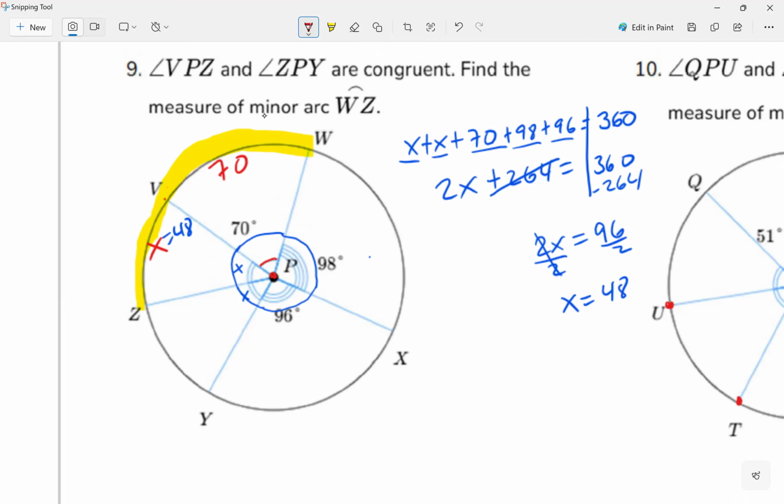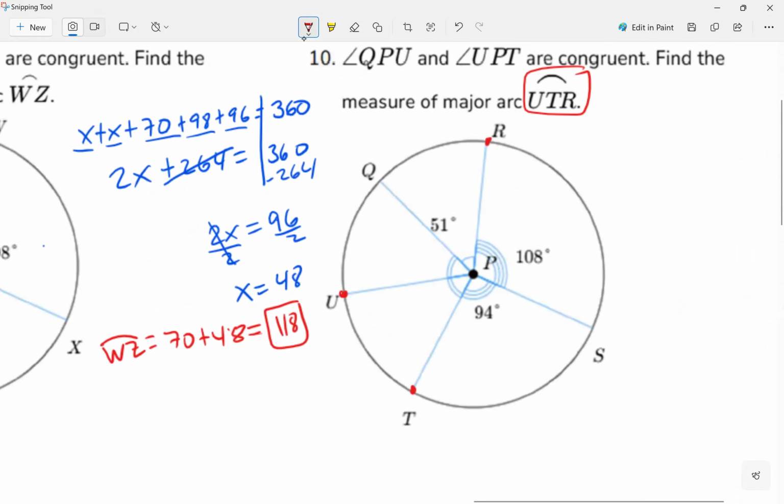For my arc WZ, for me to solve this, I have to go 70 plus 48. Again, I wanted you to solve for x because then you were going to use it. Now, 70 plus 48 happens to be 118. So that's my answer, 118.